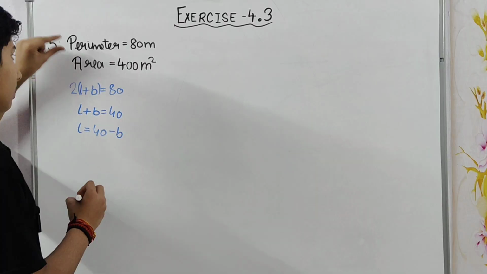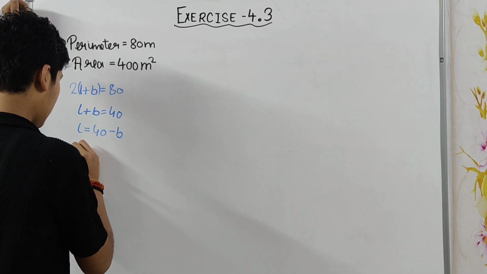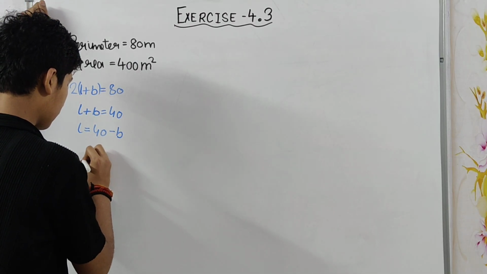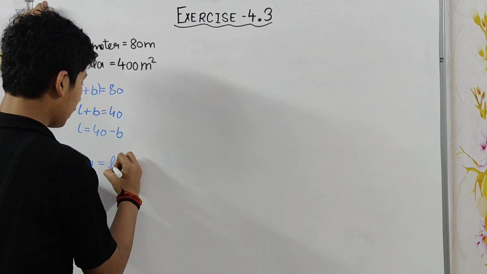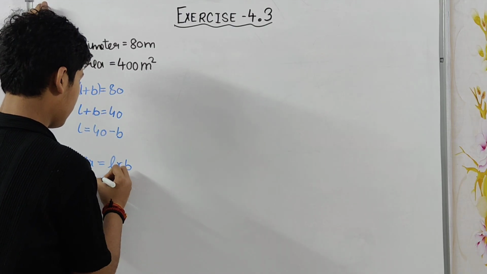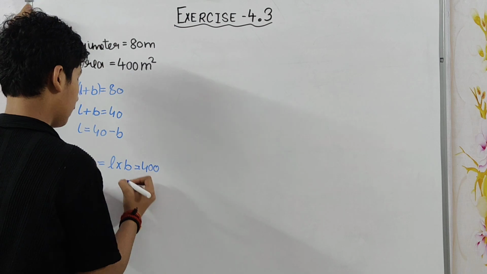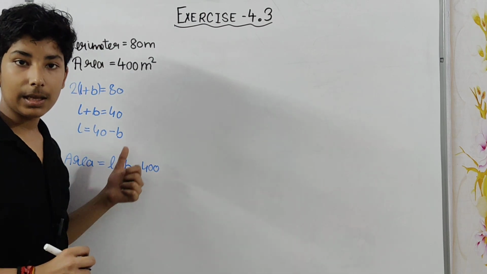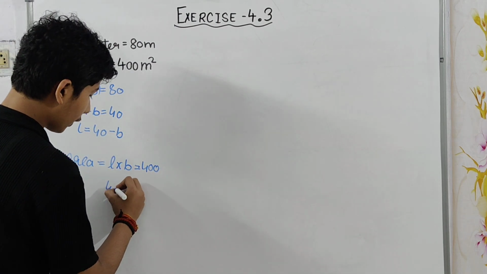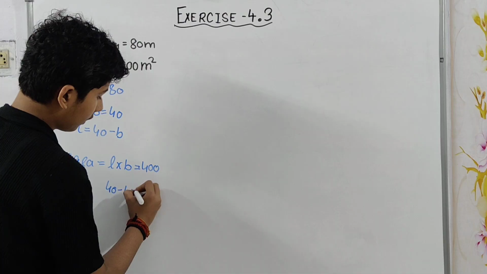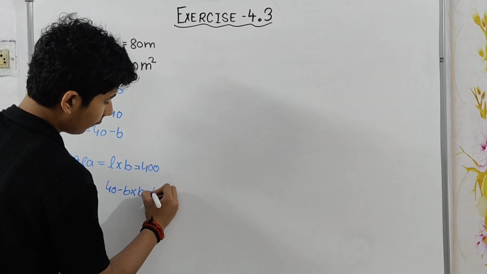Now we'll substitute this value in area. Area equals to L into B, which is 400. Now L is 40 minus B. 40 minus B into B equals to 400.